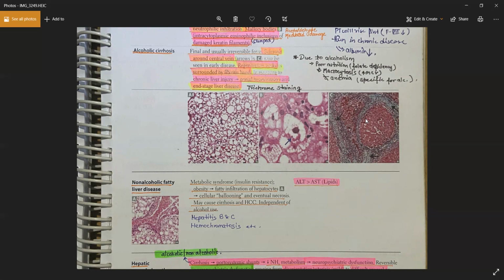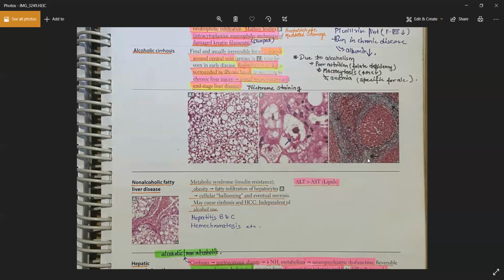These regenerating nodules will be surrounded by the fibrous bands, as you can see. You already know that fibrosis is nothing but a deposition of collagen, and the collagen will be detected by the trichrome staining. Whenever you do the trichrome staining, you can easily detect the presence of collagen.